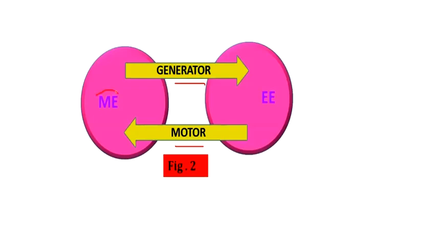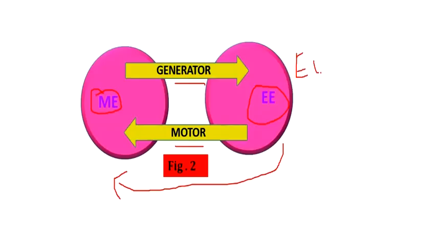Very simple: the generator converts mechanical energy into electrical energy, whereas motors convert electrical energy to mechanical energy, meaning that generators will have mechanical input and electrical energy as output.